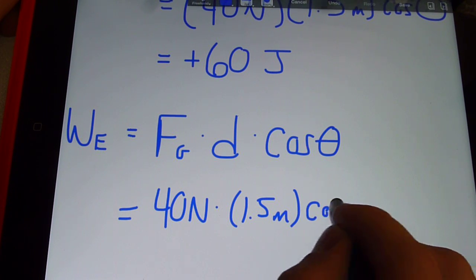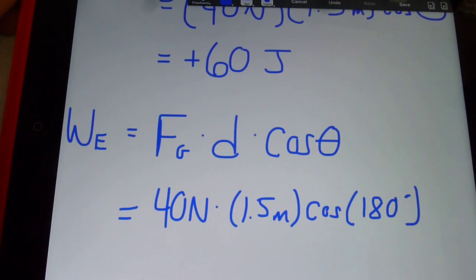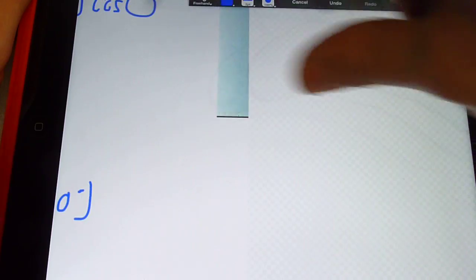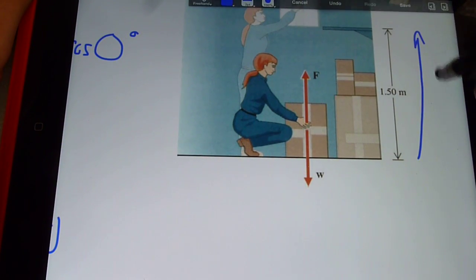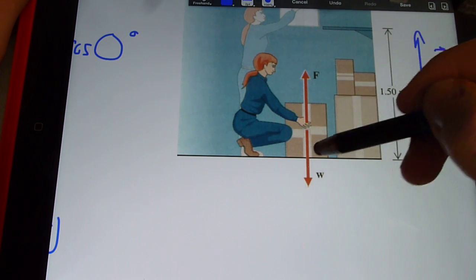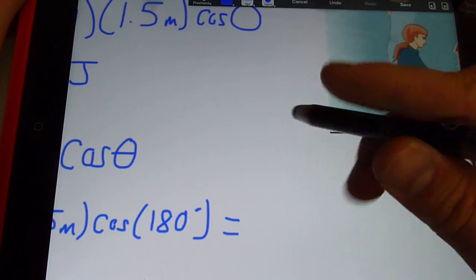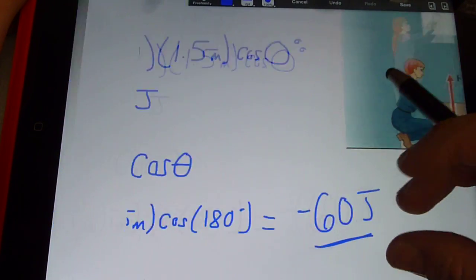And then the angle between my displacement and this particular force, the weight force, is 180 degrees. If we look at our free body diagram, right, I am moving up. That is my displacement D. My weight is down. The angle between those is a full 180 degrees. That gives me negative 60 joules, the work done by Earth.